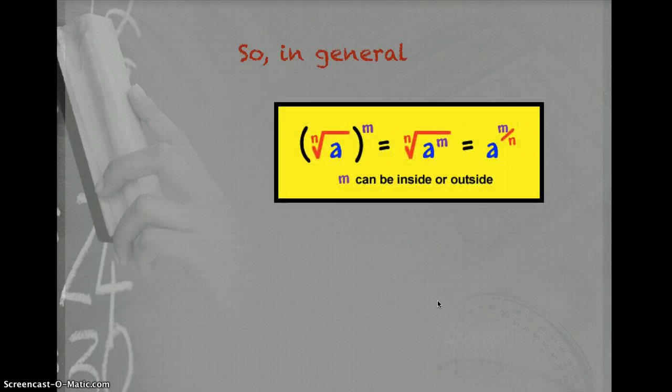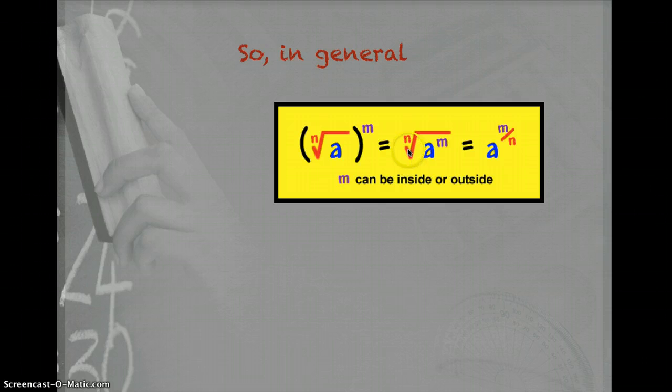So in general, your general rule is going to be: any a raised to m over n is the same as the nth root of a raised to the m.